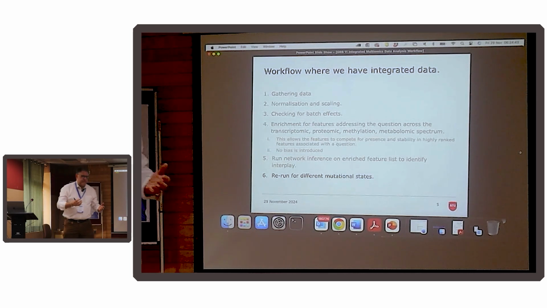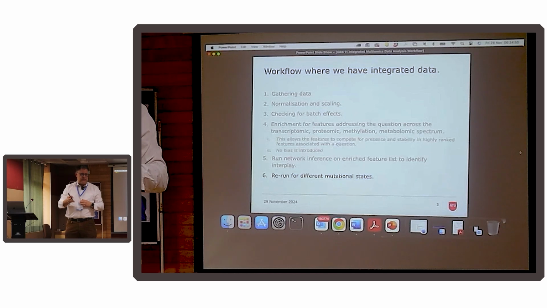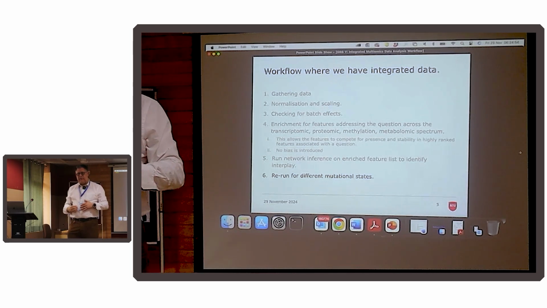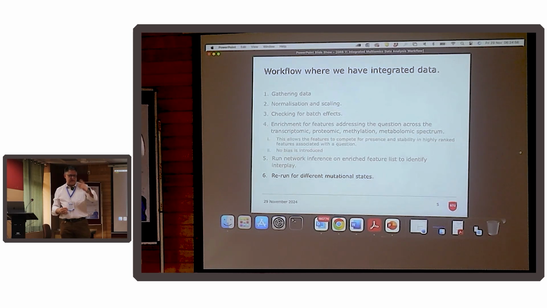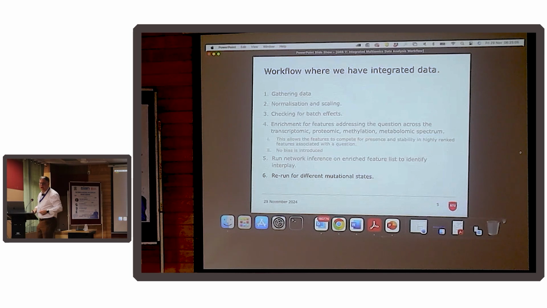Is there compensation? Do other proteins come to the fore? Do other genes come to the fore? Is there an attempt by the system to methylate a mutated gene or a set of genes resulting from that mutation? A set of transcripts resulting. How is this working together? This is a very complex system, but we have to be a bit creative and think, how can we interrogate this?